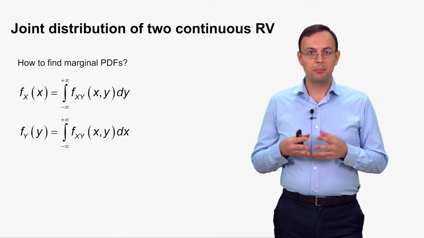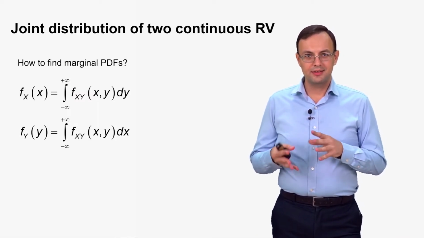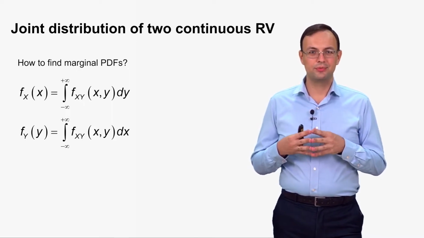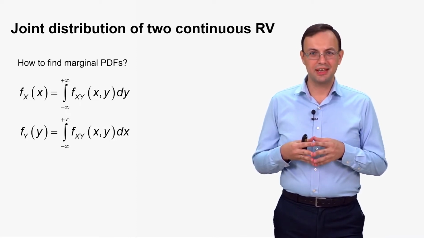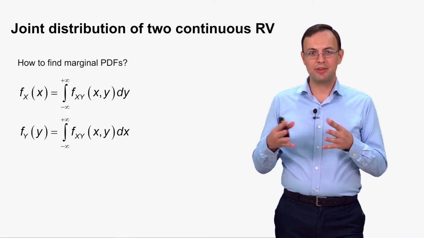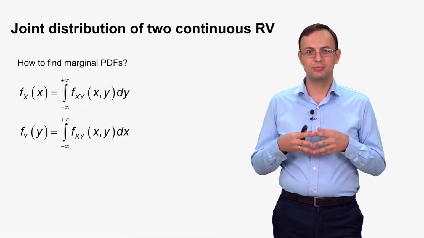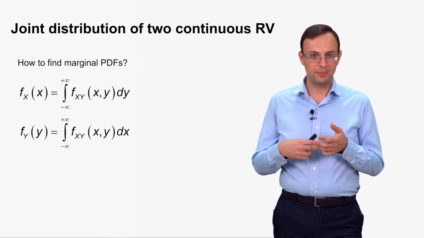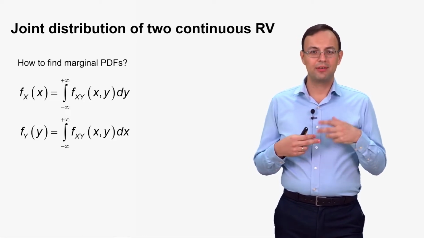As for marginal distributions in the continuous case, it is a little bit more difficult to find them than in the discrete case, but still here are the formulas that show us how to find marginal PDFs, the PDFs of x and y, when you have the joint PDF.